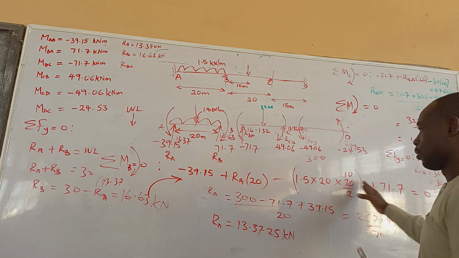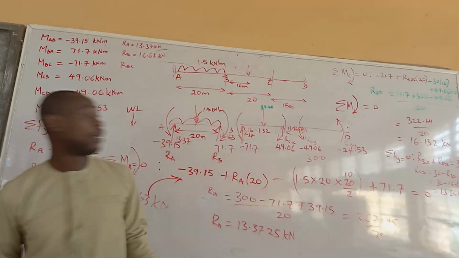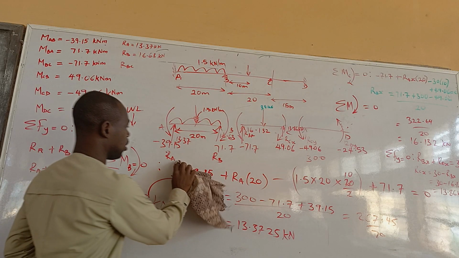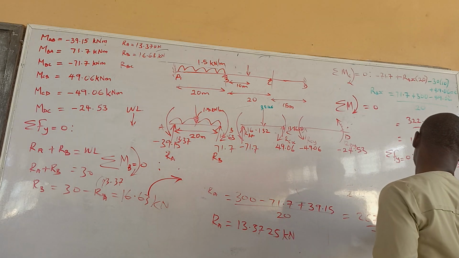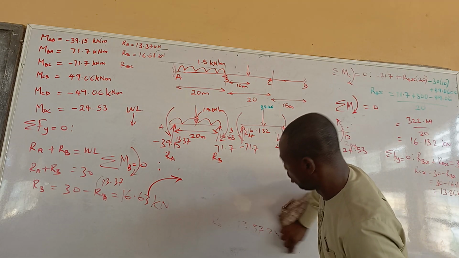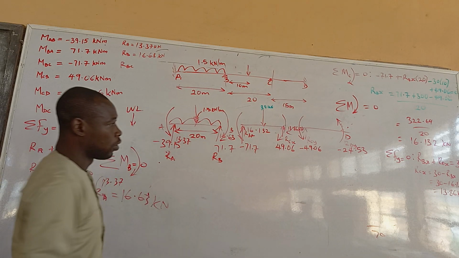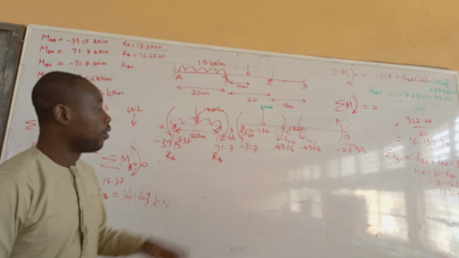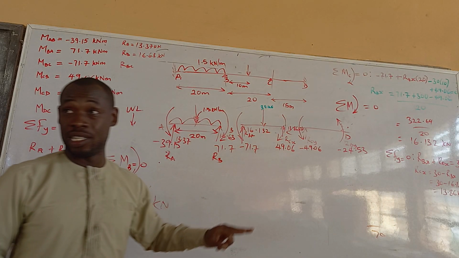Can I erase this one? Now, we want to obtain the reaction at CY and the reaction at DY.